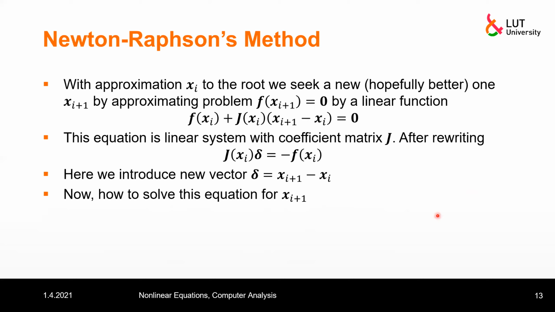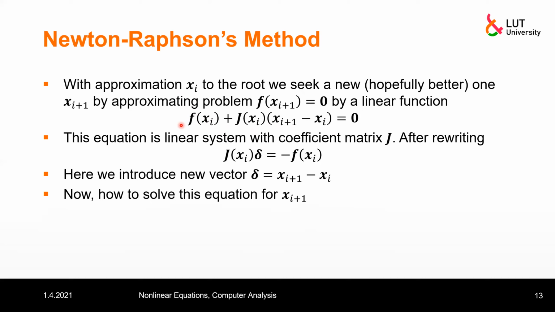And now with this Jacobian matrix, we can run the Newton-Raphson iteration for vector values. We have this approximation xi. We want to get xi plus 1, and this is just a rewrite of the equation from the previous slide.